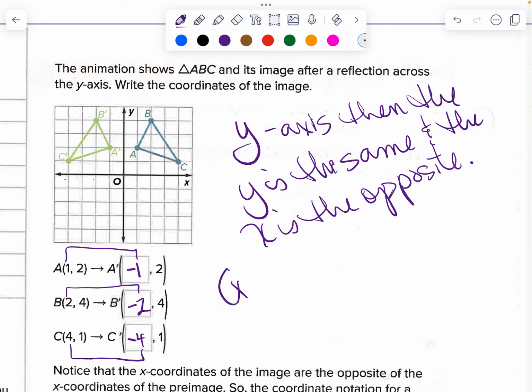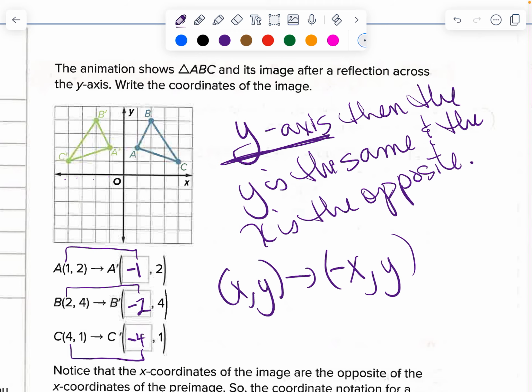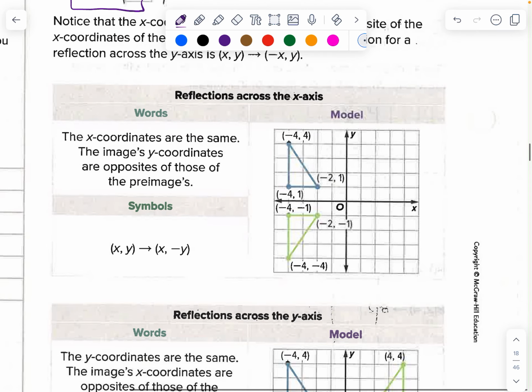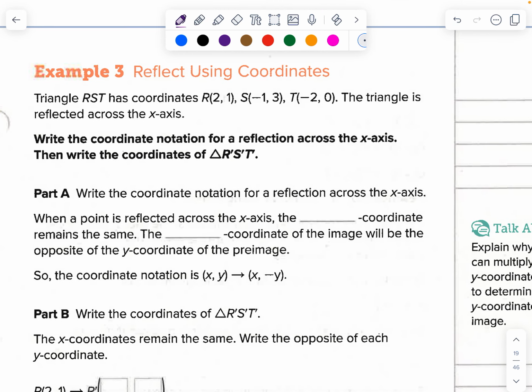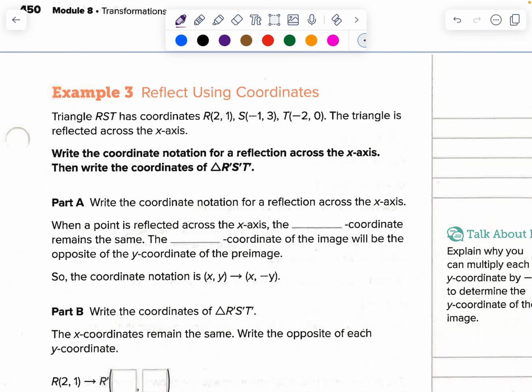So we start with our coordinate notation. We start with the pre-image, and it goes to where the x is its opposite and the y stays the same. And that's when we go over the y-axis. Okay? So this says that it's over the x-axis.